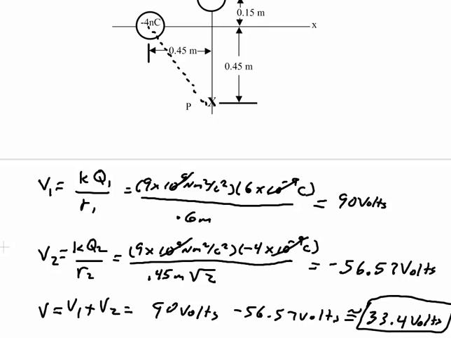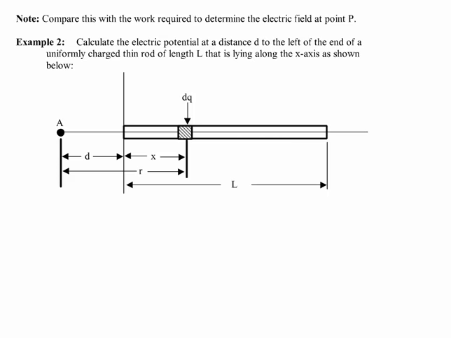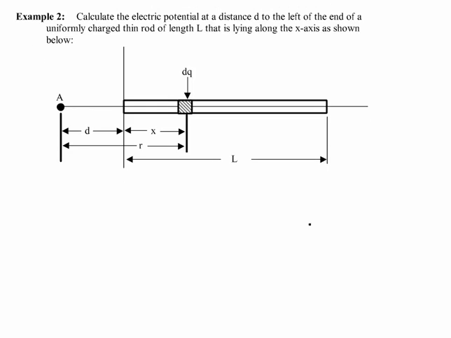Now, you have a similar type of problem to the electric field in dealing with problems that involve continuous charge distribution. Here they want me to find the electrical potential at a distance d to the left of this rod. This rod, which is uniformly charged with some amount of charge Q, let's say.